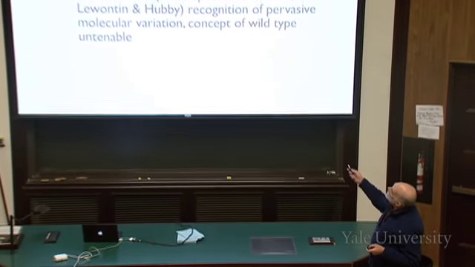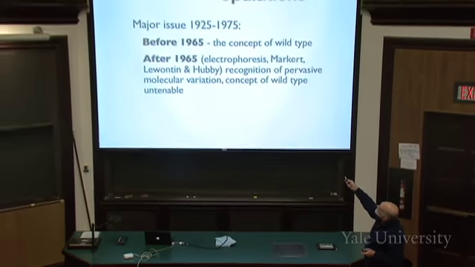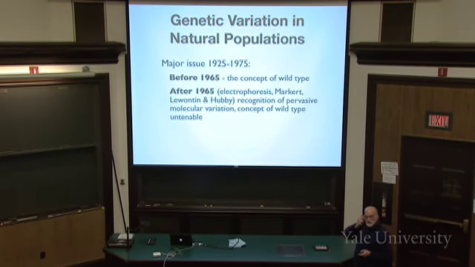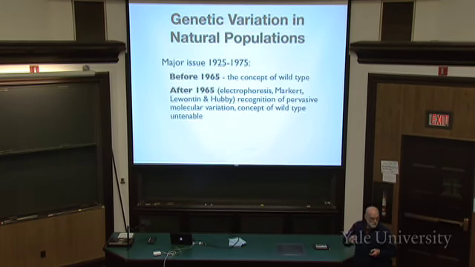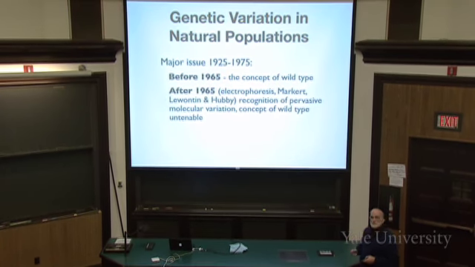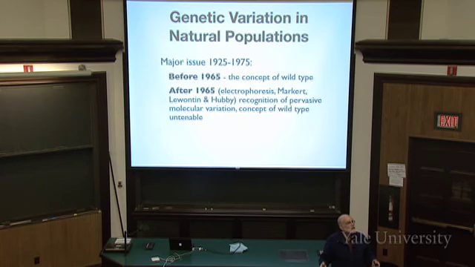Okay, so where genetic variation came from and how much there was a huge issue and caused a lot of research and controversy for about 50 years. Before 1965, there was the concept of a wild type out there, so there was one really good genome, and then there were a few mutations.